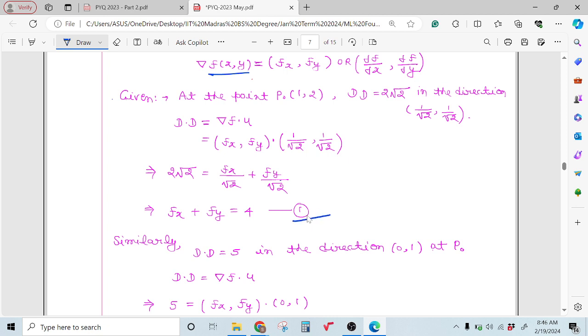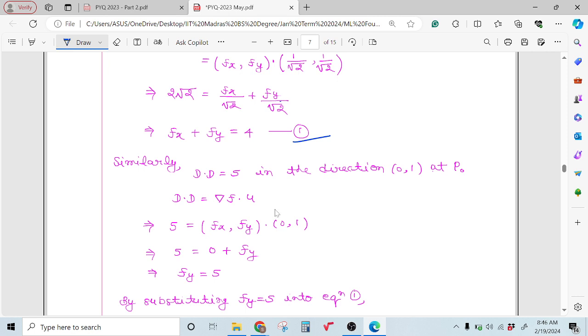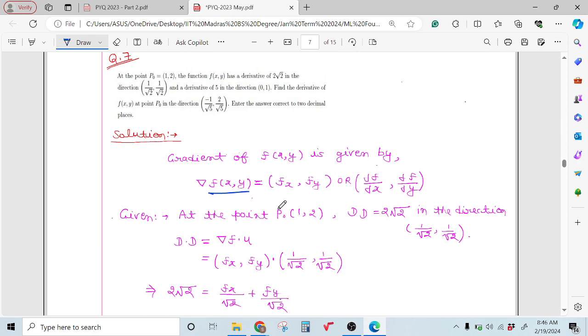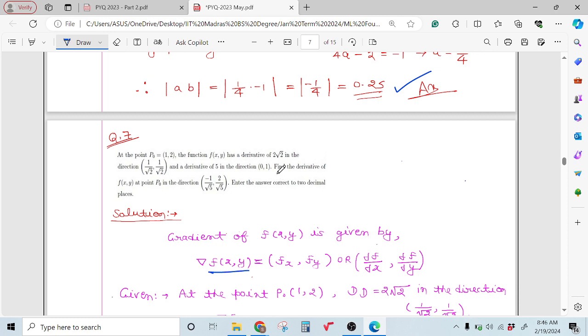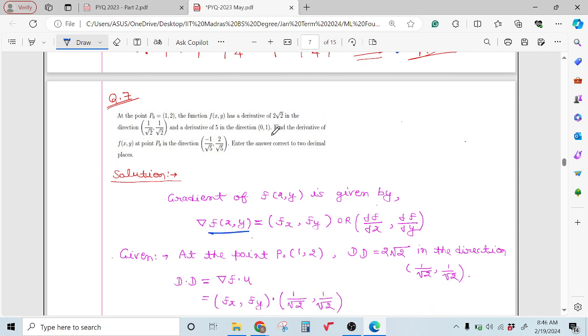This is equation 1. Similarly, the directional derivative is given as 5 in the direction (0, 1) at the same point. It is important that the question talks about the same point. So we will equate this directional derivative, 5, with the dot product of the gradient of f with (0, 1), and (0, 1) is already a unit vector; if you take the modulus, it will be 1.